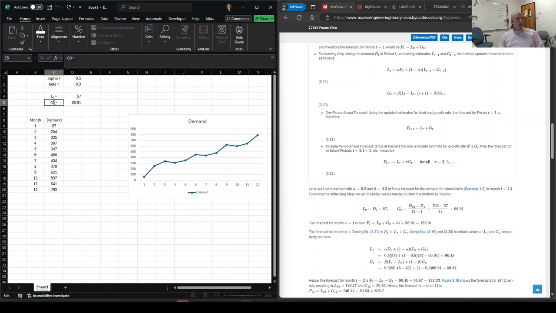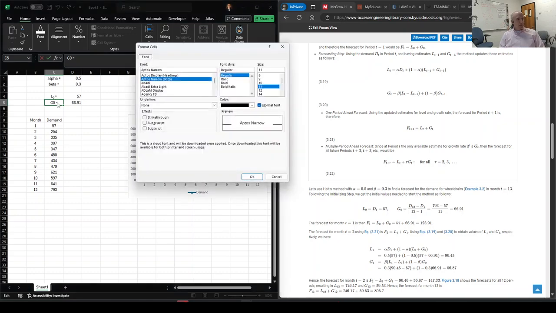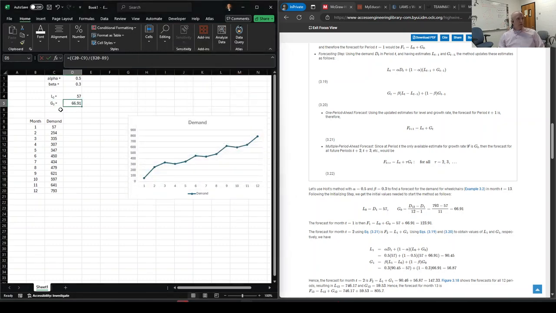Let me also do a subscript for this one. Okay, so we have our base level at time 0. We have our growth level at time 0.